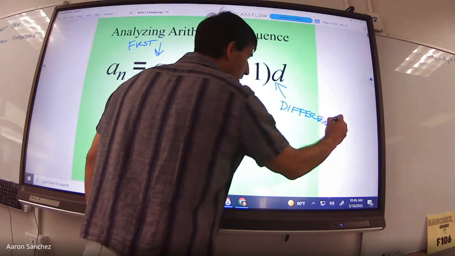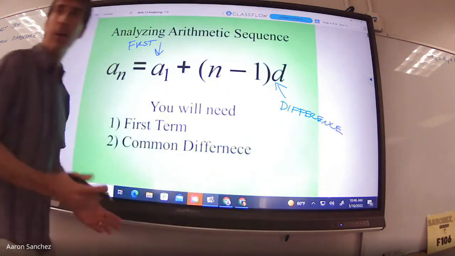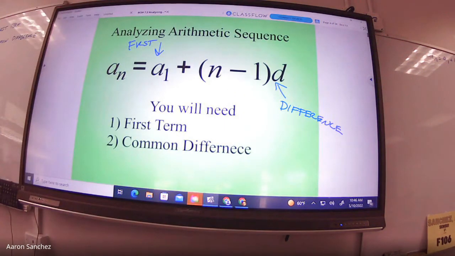Now, if you're given the common difference and the first term, you're going to find the rule. The rule is if you plug in n, you should get the term, right? So you need the first term and the common difference.